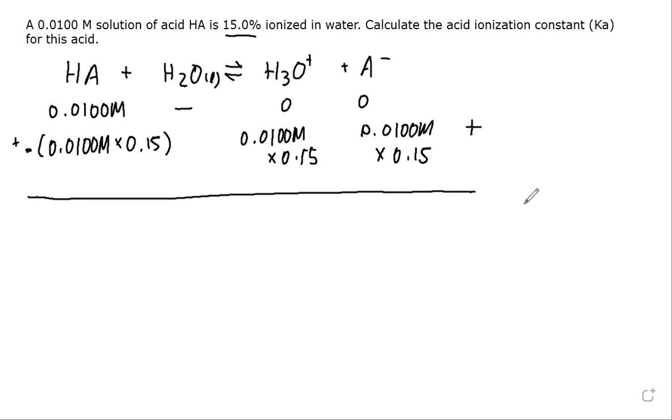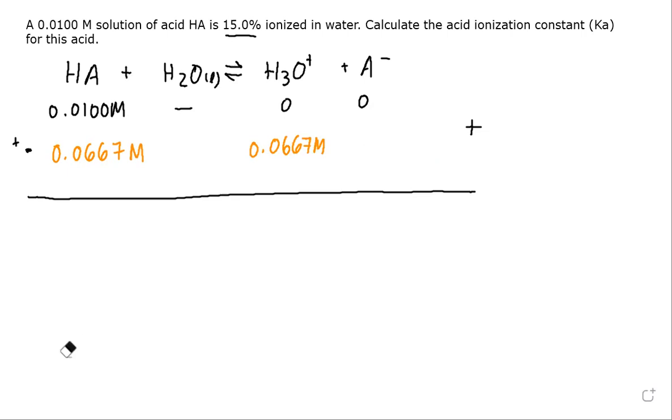So let me plug this into my calculator. So 15% of 0.0100 molar is 0.0667 molar. And so 15% of 0.01 molar, 0.0667 molar.